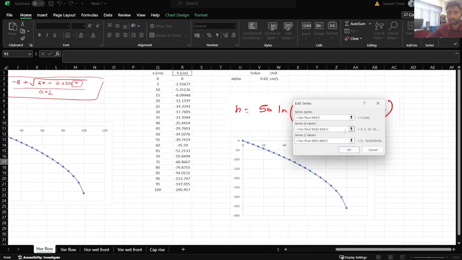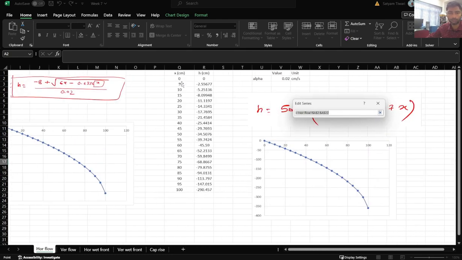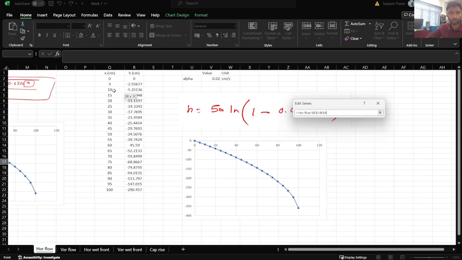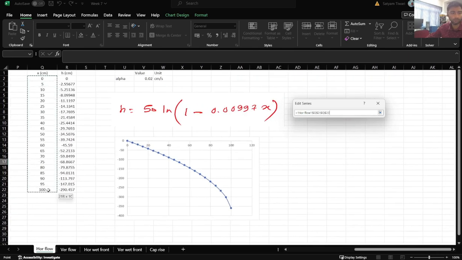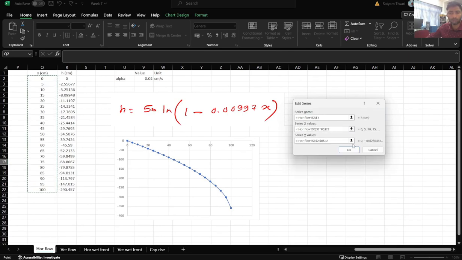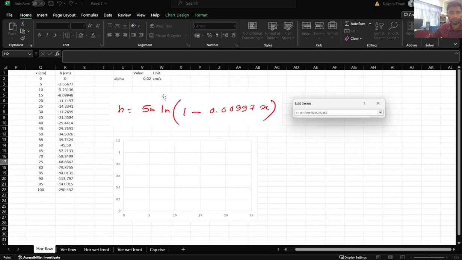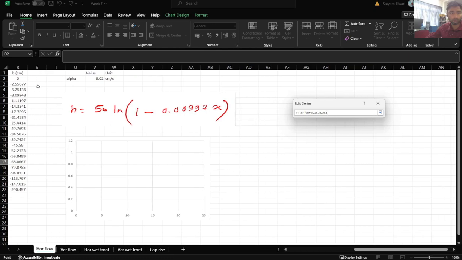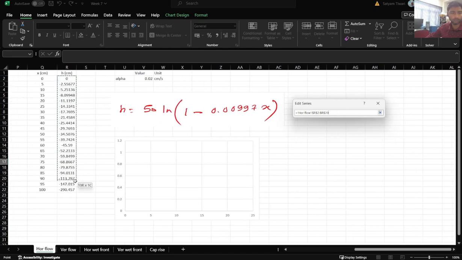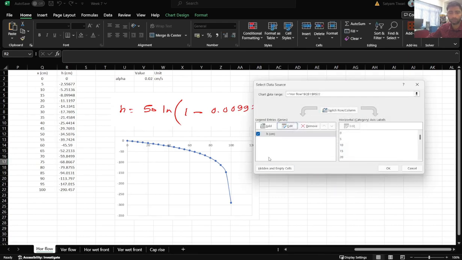We are plotting this value, and the x value is given as here x, and the y value will be the head variation. So the y value is going to be this one, and it's here.